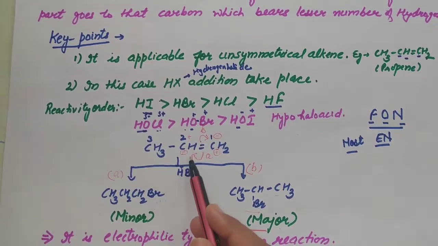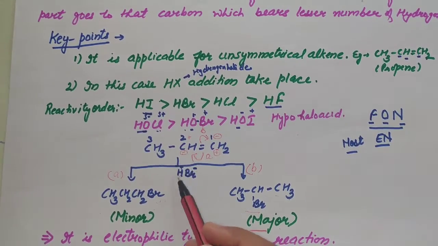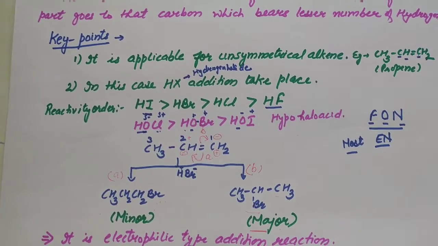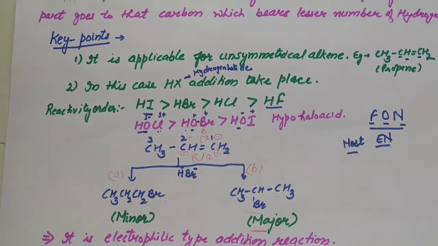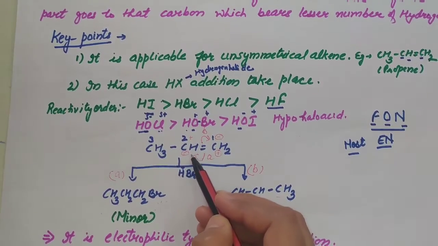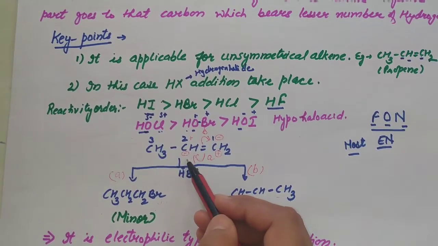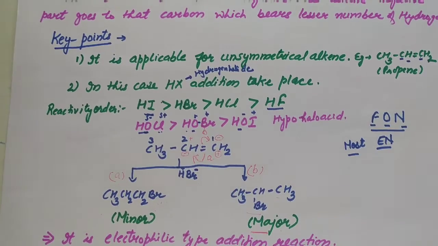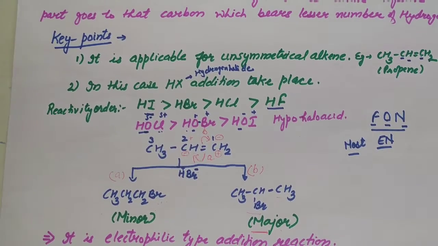Firstly, addition of an H positive ion takes place, followed by the addition of Br negative. So it is an electrophilic reaction. Why is it known as addition? Because in this case, the double bond breaks into a single bond. Double bond is converted into single bond by the addition of H and Br. So it is known as electrophilic addition reaction.